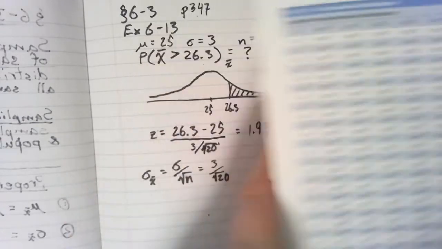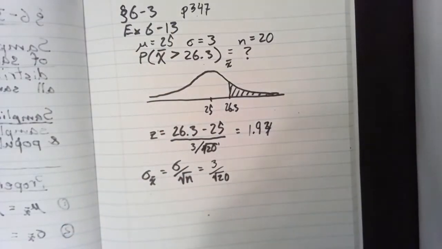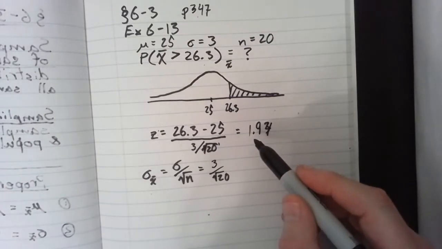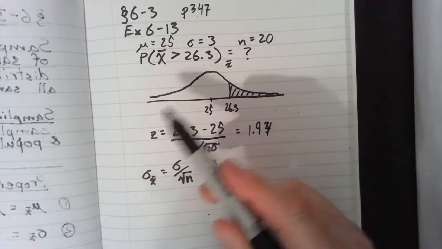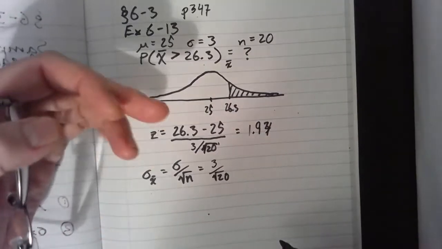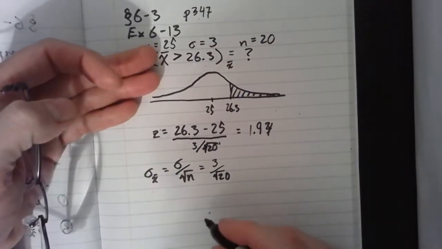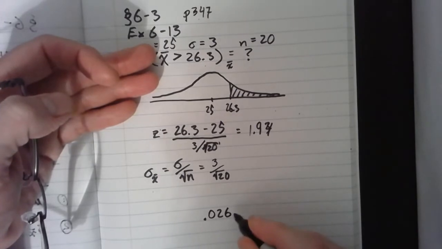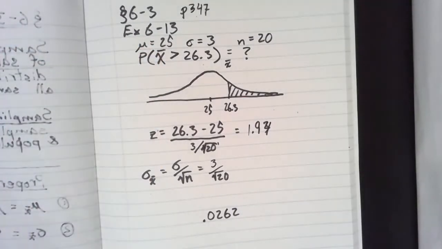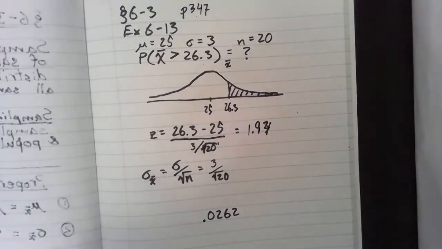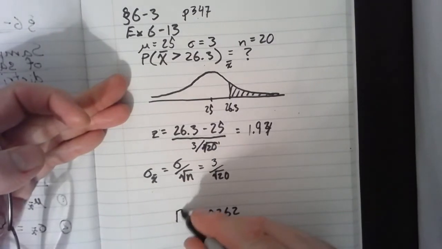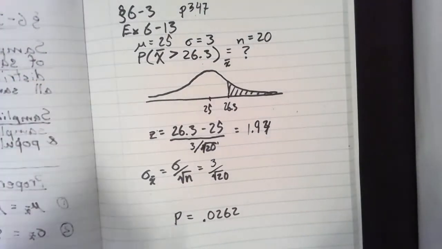Yes, so our z value of negative 1.94 would yield a left area of 0.0262, I believe is what I said. I think that's what we looked at. Can't remember. Okay.